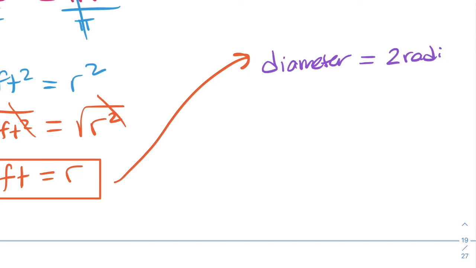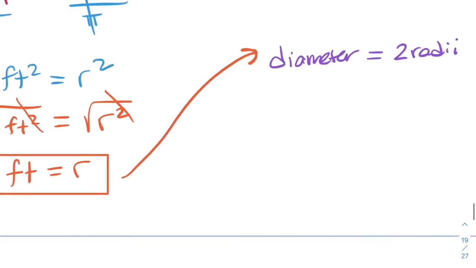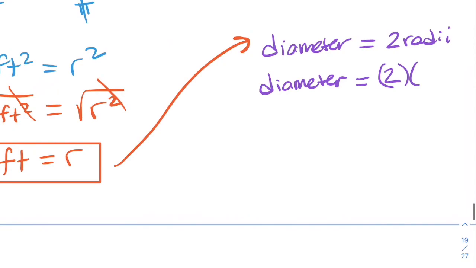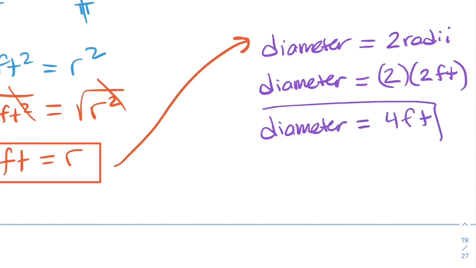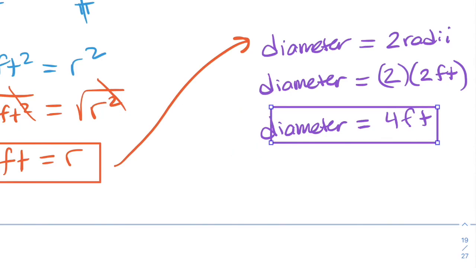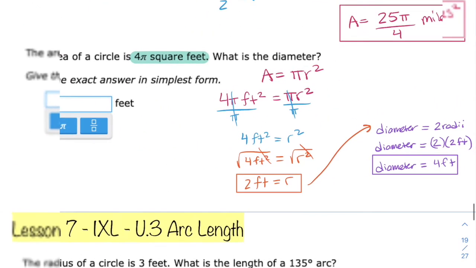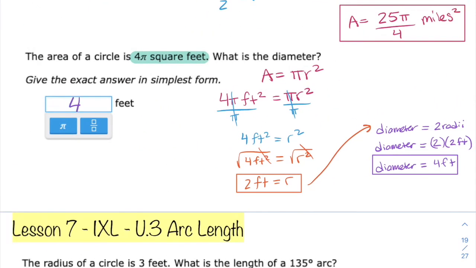There's 2 of them. So in this case, diameter equals 2 times 2 feet. So the diameter equals 4 feet. And we are done. So 4 feet is my diameter.